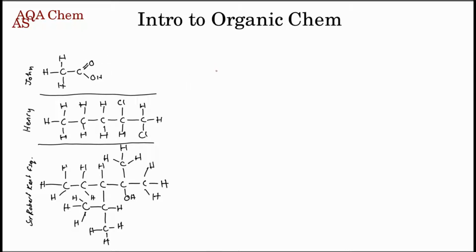So John is something oic acid. Okay, and how many carbons does John have? John has 2 carbons, which means it's an ethanoic acid, and that's its IUPAC name, which is what we've been using all along. The IUPAC is used to avoid confusion in the namings of molecules.